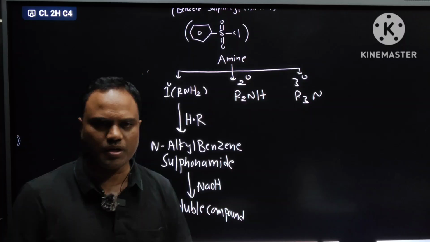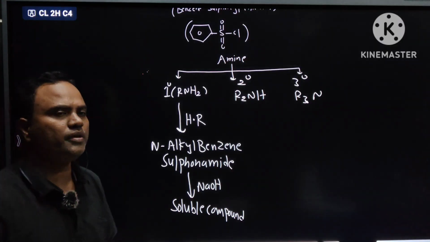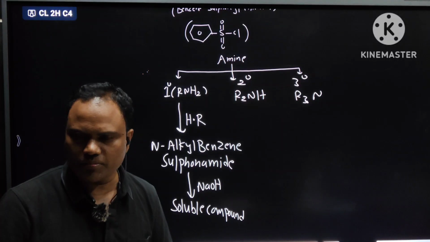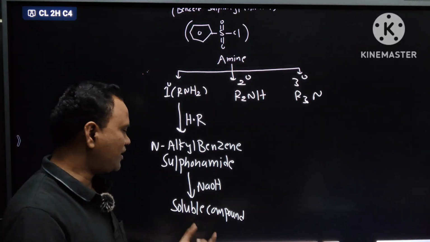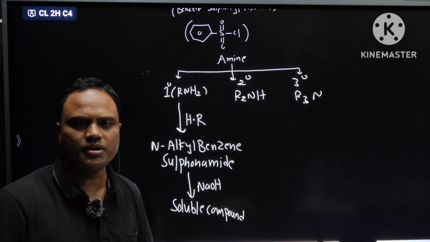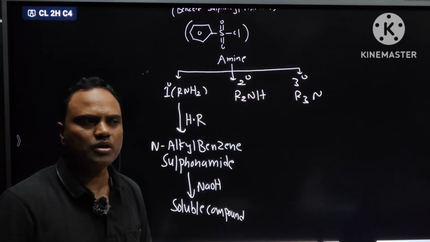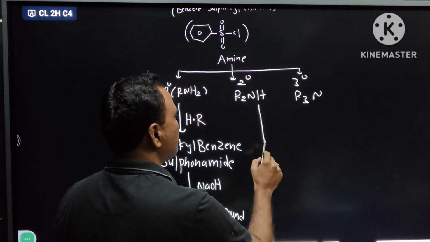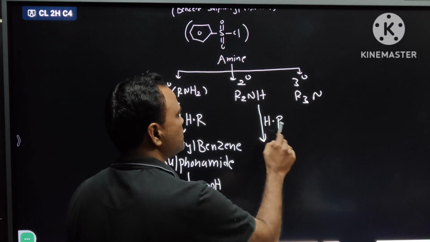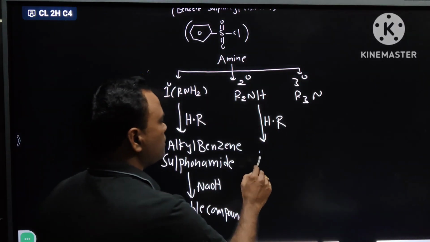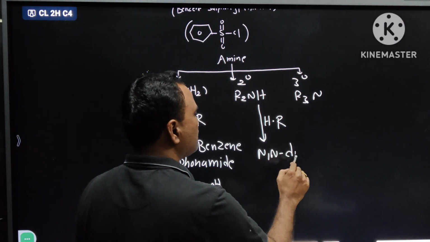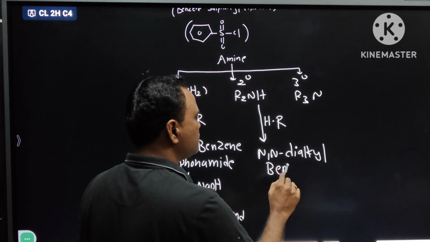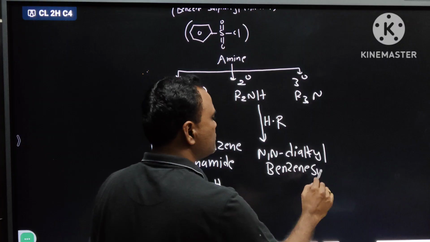How to identify primary amine? Primary amine when treated with Hinsberg reagent first gives N-alkyl benzene sulfonamide. That N-alkyl benzene sulfonamide upon treatment with NaOH produces a soluble compound. Secondary amine when treated with the Hinsberg reagent produces N,N-dialkyl benzene sulfonamide.